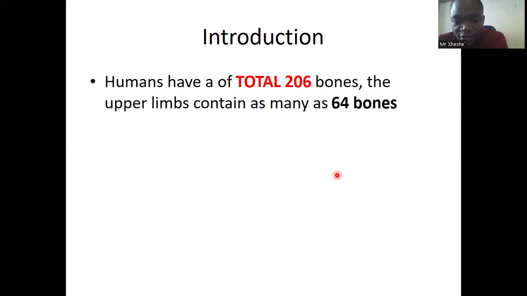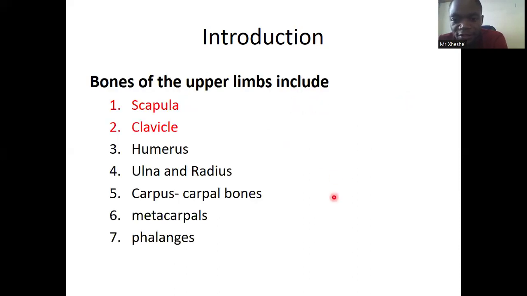And that's why you can't expect a human being to run as fast as those quadrupeds, animals with 4 limbs touching the floor. We are bipeds because we have 2 limbs which plant into the ground. We use them for mobility, running, walking, crawling, and so on and so forth. So these values must be there in your mind as you study the human skeleton.